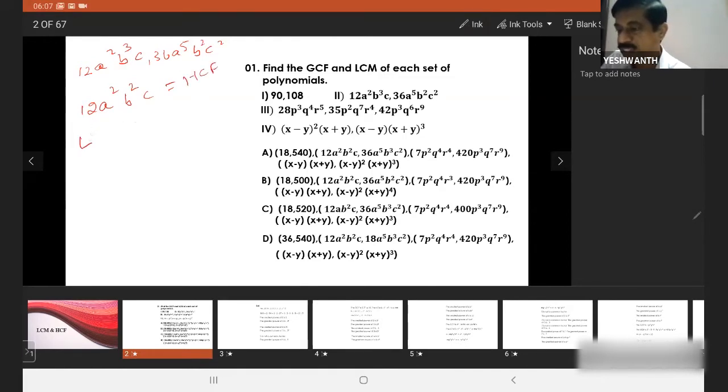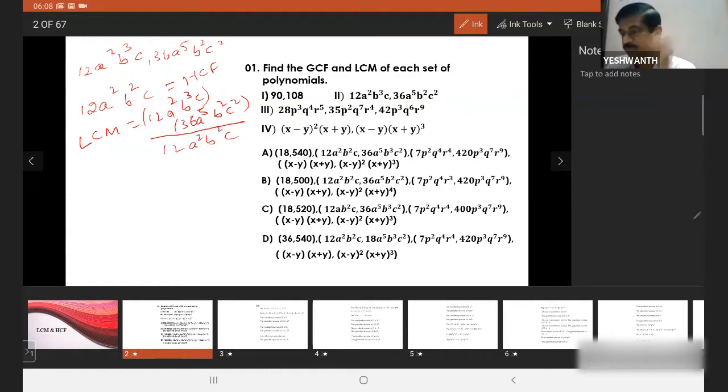So what is LCM? Product of these two into 36a power 5 b square c square divided by 12a square b square c. So now this will be equal to what? 12 is gone, so you'll have 36.